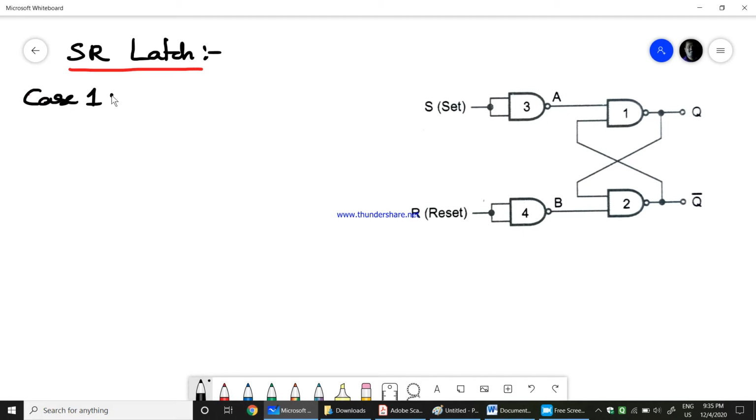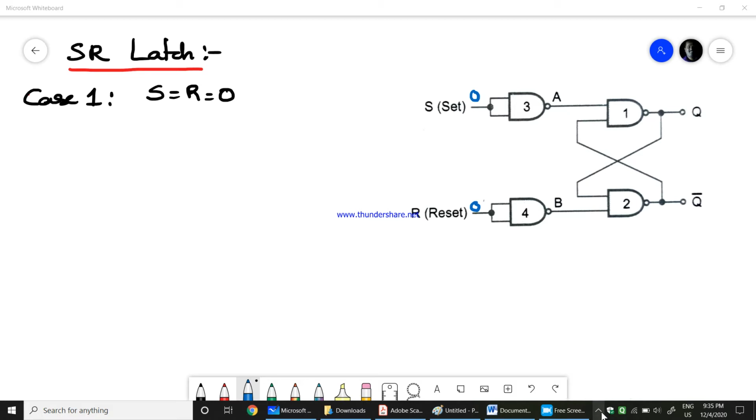Let us go with case 1 where both S and R are assumed to be equal to 0. Now let me work on that. So think S equals 0 and R equals 0.